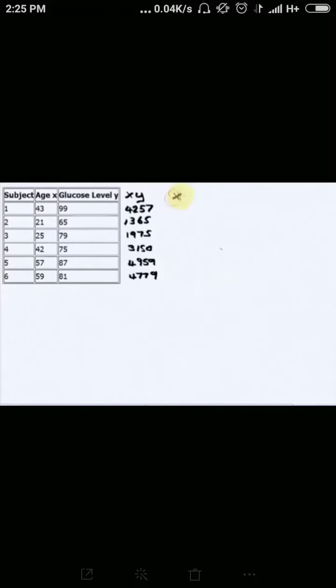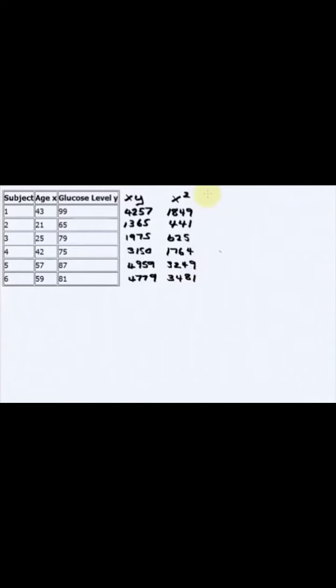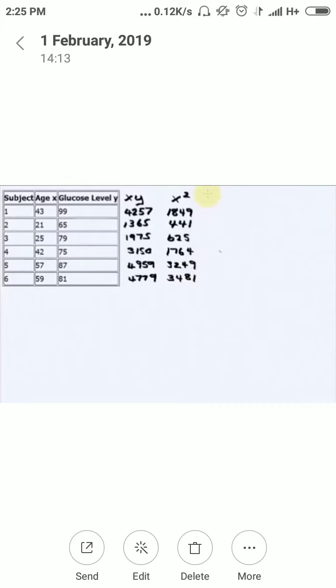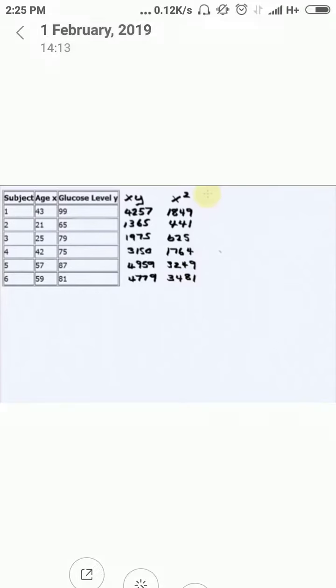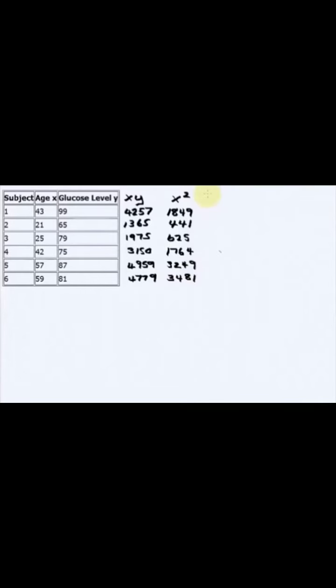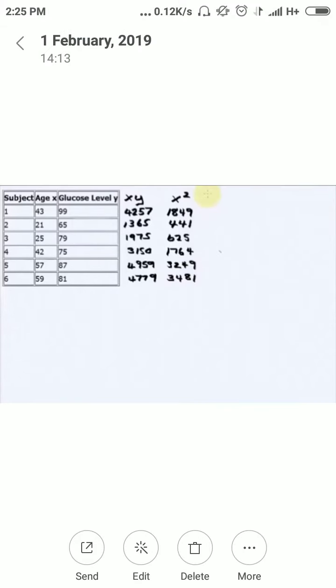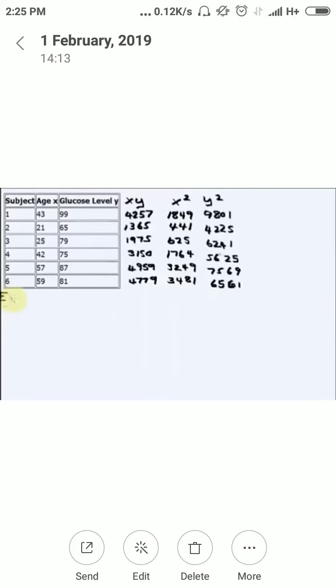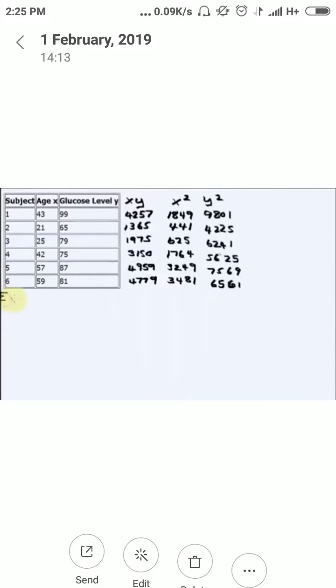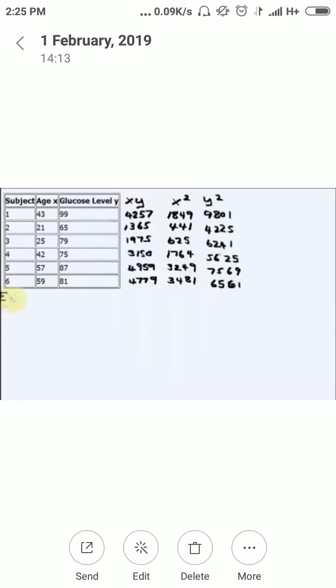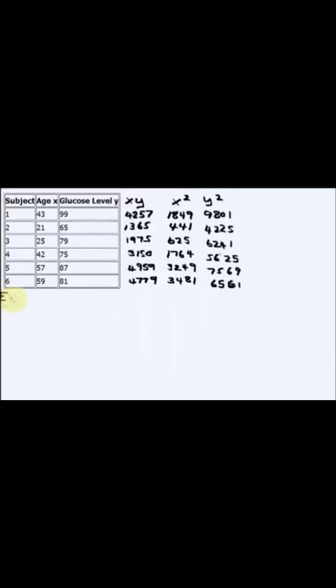In the next step we'll take X squared. X squared is the square of age. It's the square of 43, the square of 21, the square of 25 and so on. After that we'll take Y squared, the square of glucose level, that is 9801, 4225 respectively and so on.